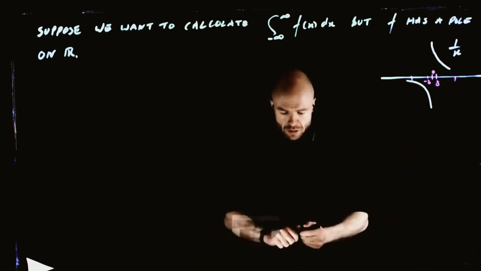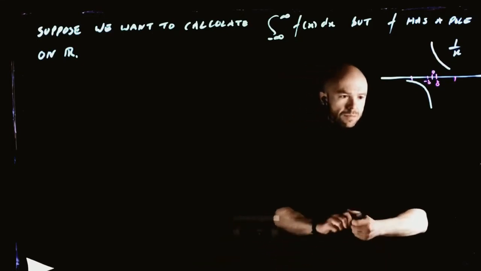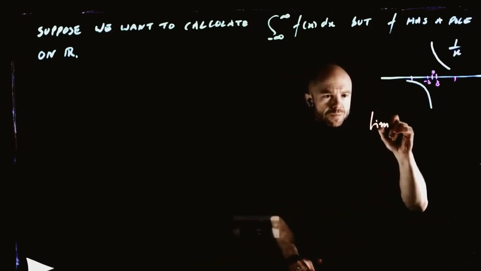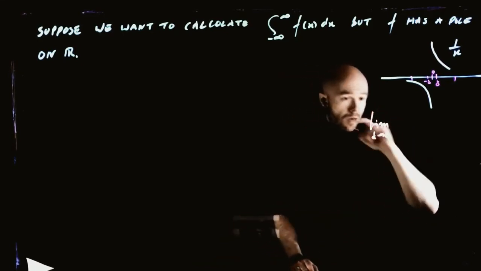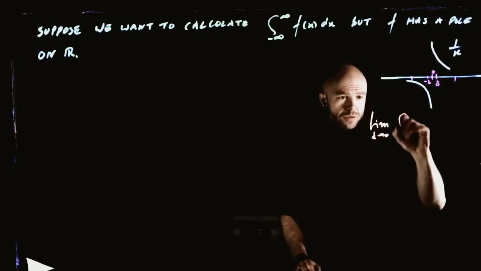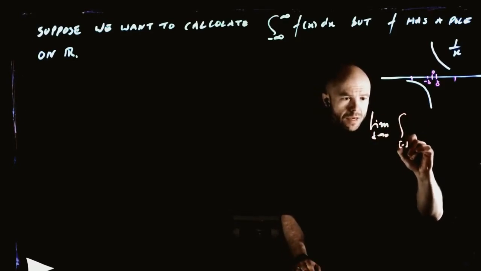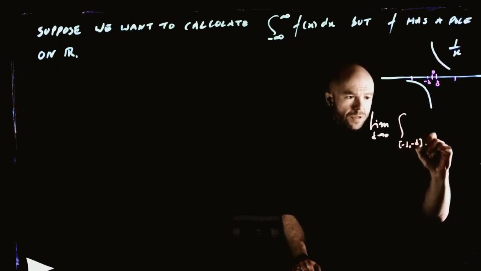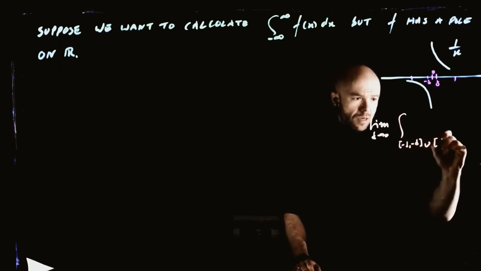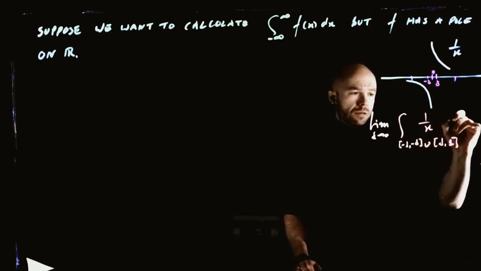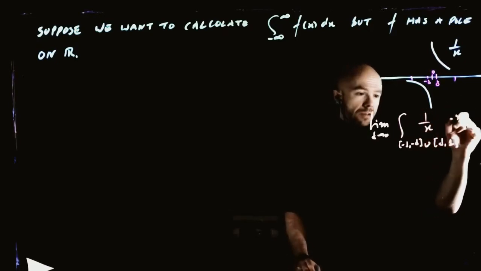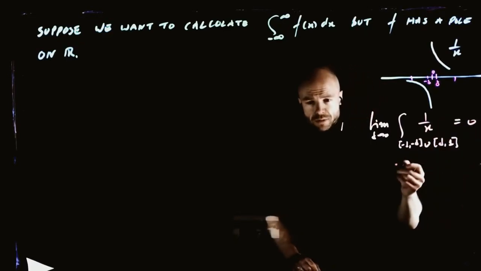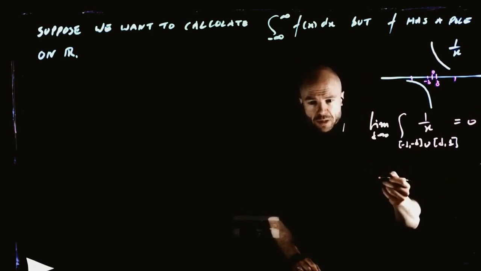So let me write that down. The limit as delta goes to 0 of the integral from minus 1 to minus delta, union delta to 1, of 1 over x does converge and is actually equal to 0.